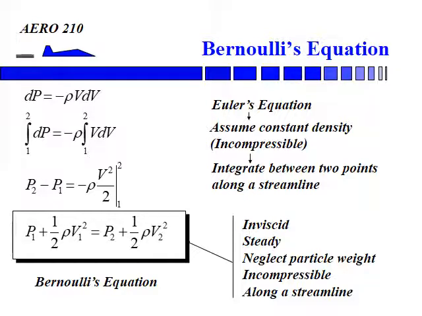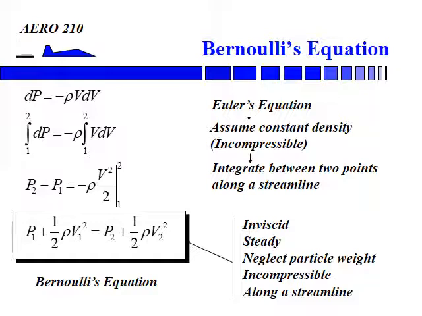We integrate that equation on both sides from station 1 to station 2, and we get an expression that says that the change in pressure on the left side of the equation is equal to the change in 1/2 rho v squared between station 1 and station 2. Write that down below. That's what we call Bernoulli's equation.